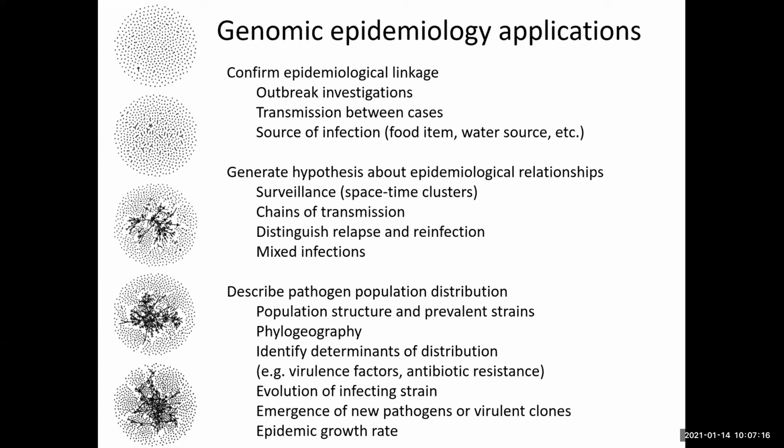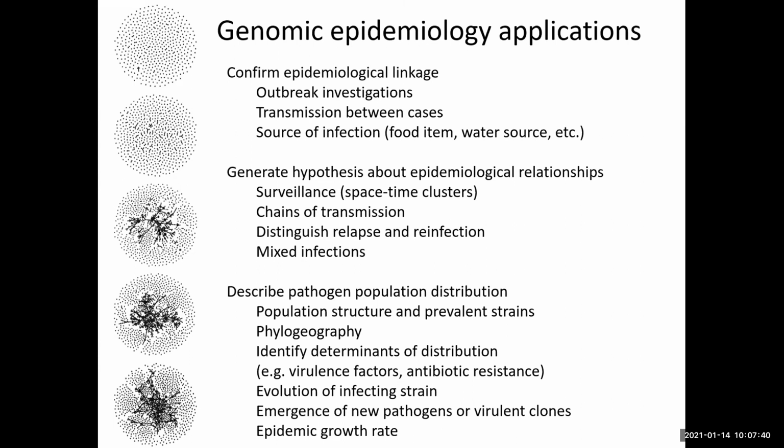And we can use this for outbreak investigation and understanding transmission between strains. And also, interestingly, and relevant to the coronavirus, we can look for the source of infection. So we can look outside, perhaps, of human populations sometimes, and look at other reservoirs for these different pathogen strains.